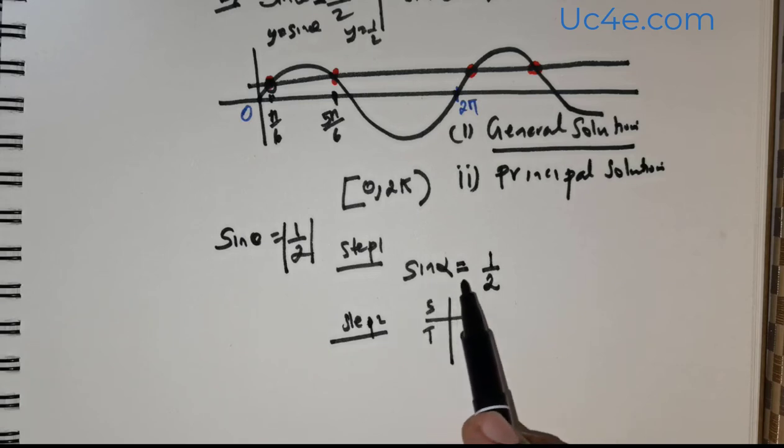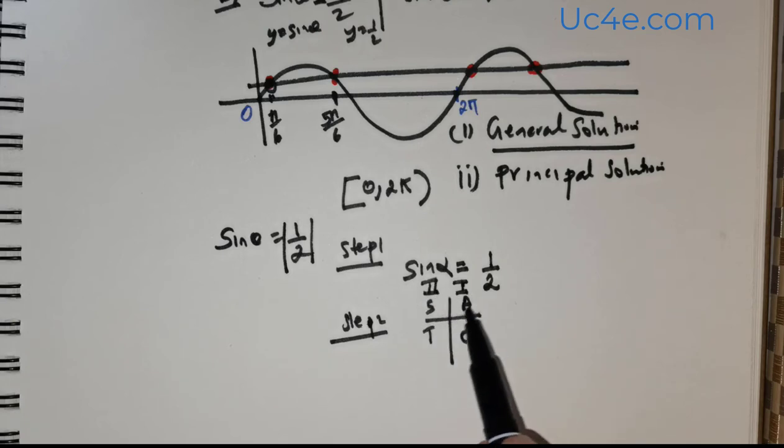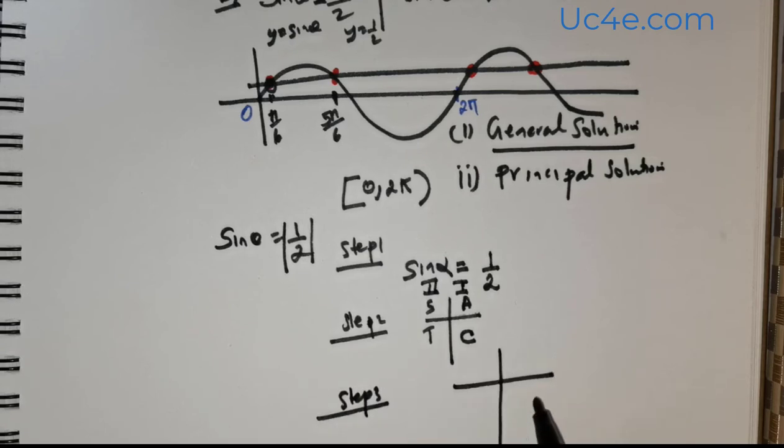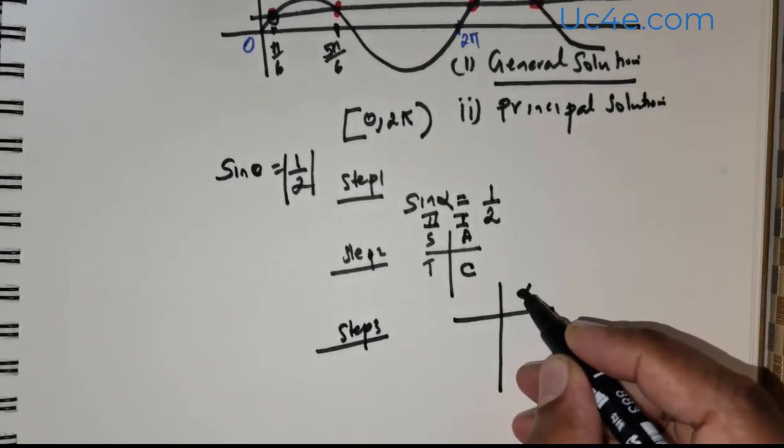Now clearly, if sine alpha is equal to 1 over 2, it's a positive sign here, and that is possible only in the first quadrant and in the second quadrant. So that has been zeroed in. So in step number 3, it is imperative that you have this in the corner of your mind. The values that theta would take would be given as follows.